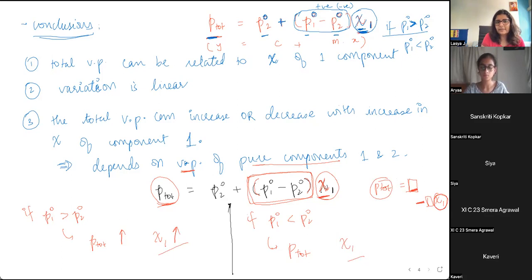So in both the cases, I'm increasing the concentration. Total vapor pressure may increase or it may decrease with increase in component 1. So we can't say that for sure, it depends on the vapor pressures of the pure components. If P1 is bigger, it is going to increase; if P2 is bigger, it will decrease. That's what the third point says.